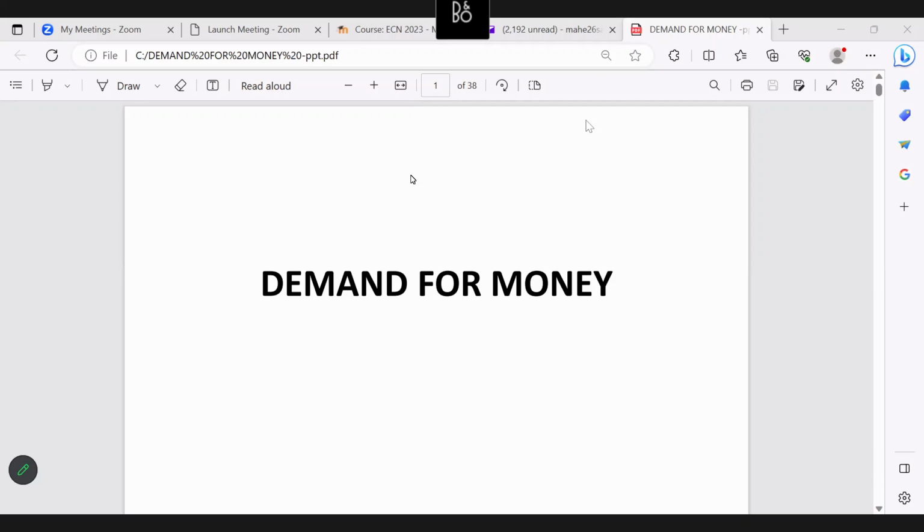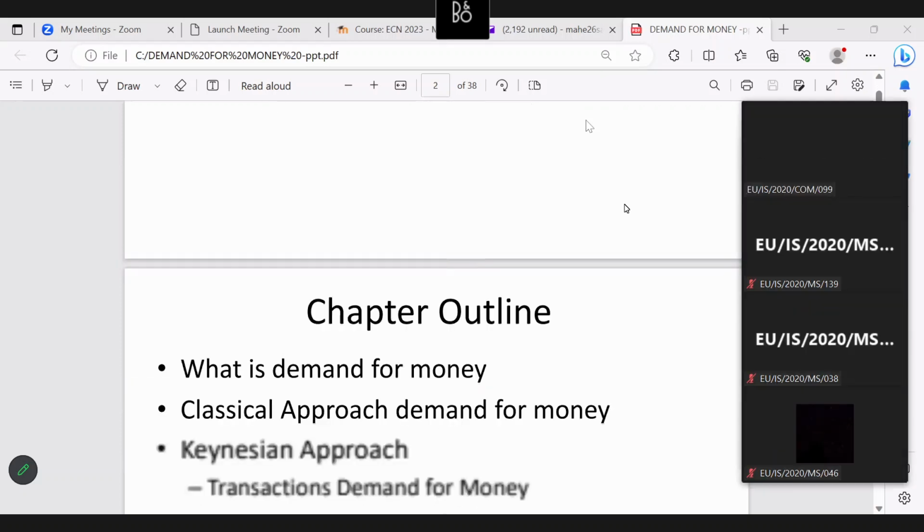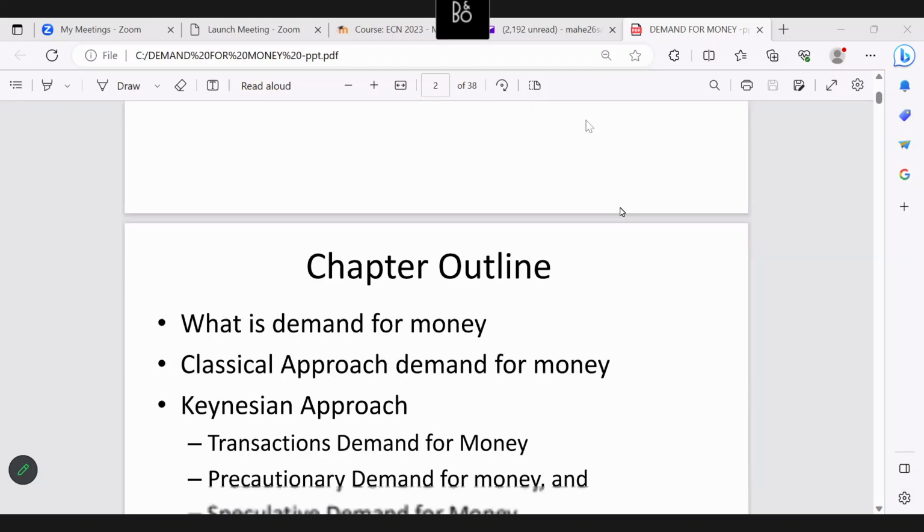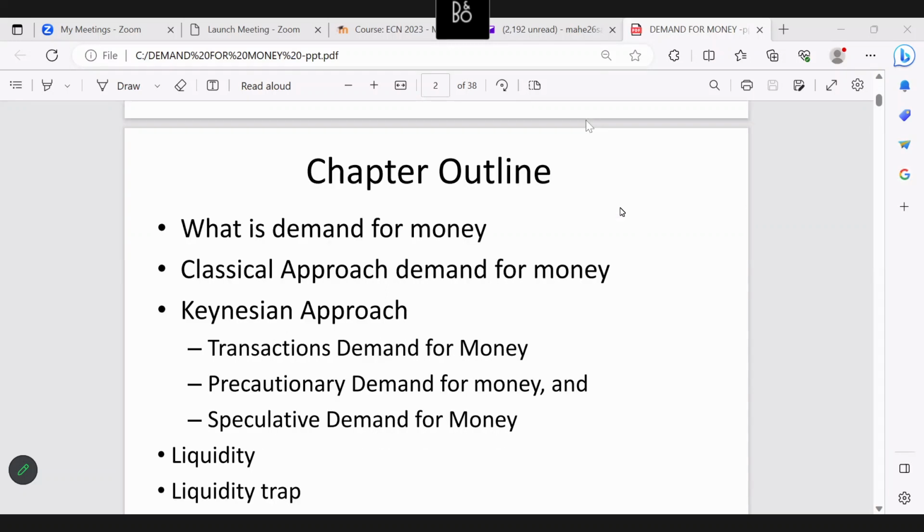This chapter outlines what demand for money is. There is a classical approach to demand for money, as well as the Keynesian approach, the economist Keynes. He developed three motives for why we are holding money nowadays. And finally, the liquidity trap, we will also study today.